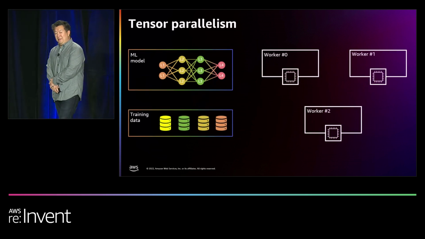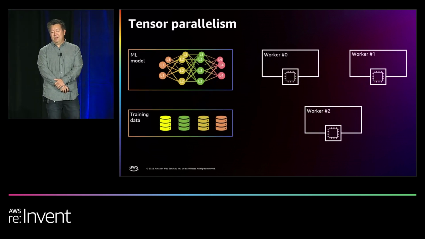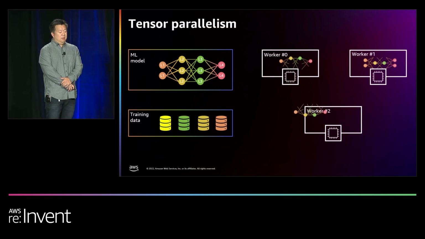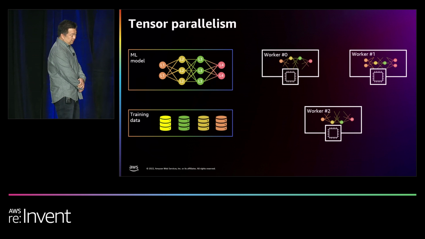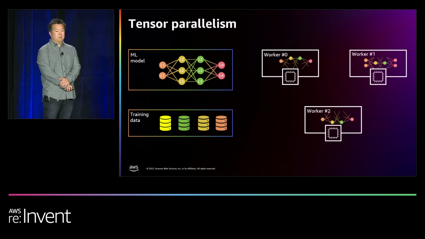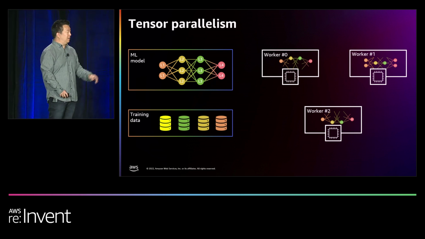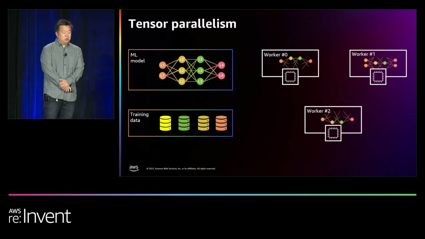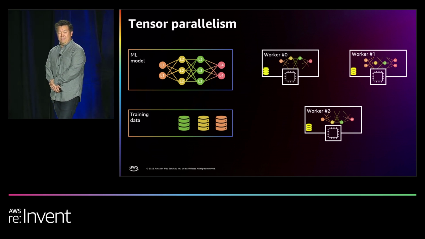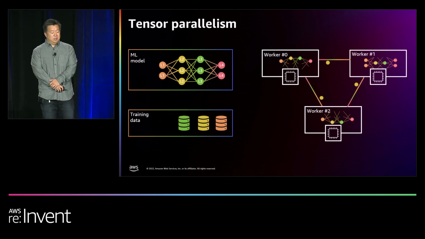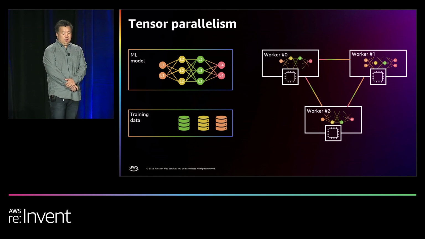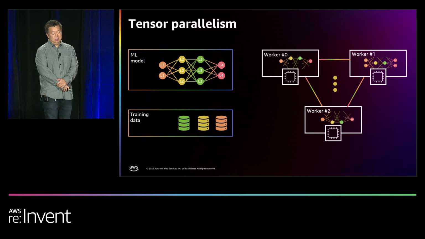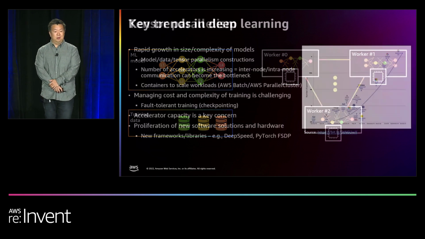Because we've separated it in this fashion, we can then take the same number of workers, put the proper pieces of the neural net on those workers, and instead of, in this case, pipelining the data through all the workers, each worker is then going to get a copy of the full set of data, do its processing, and after performing all the communication it needs between the nodes, eventually you have a trained model.